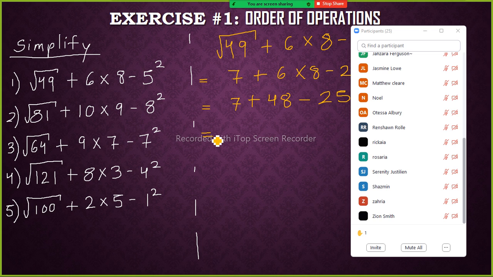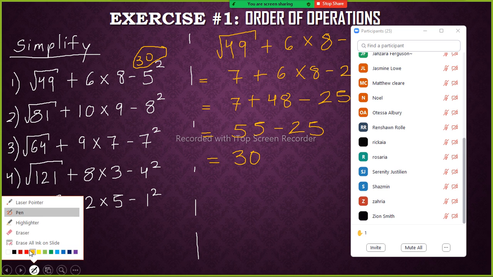All right, then we have 48 plus 7, which is 55. 55 minus 25 equals 30. Very good. So the correct answer for number 1 is 30. If you got 30 for this one, you are correct. I saw this number in those answers, so I believe y'all are on to something.